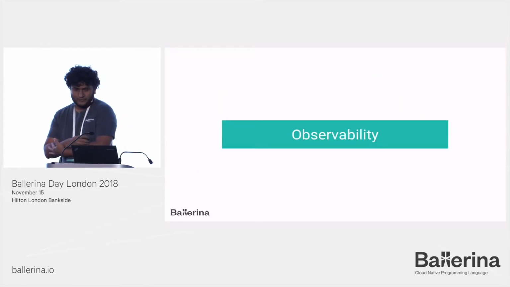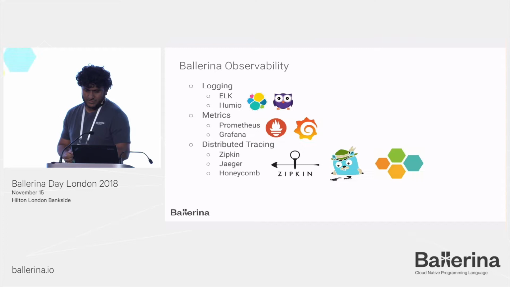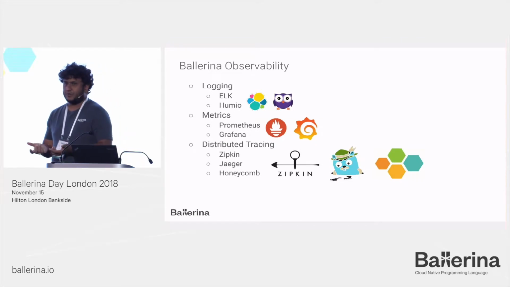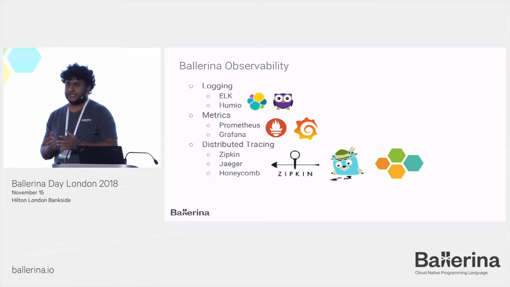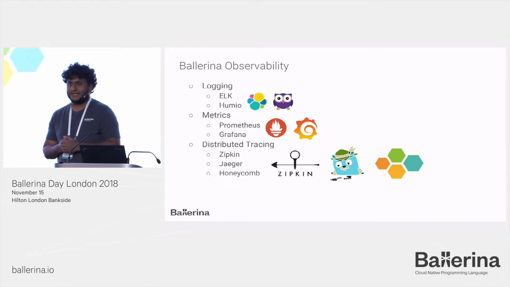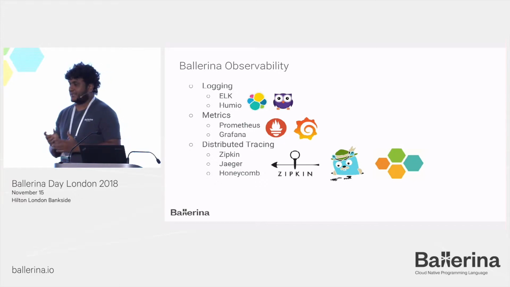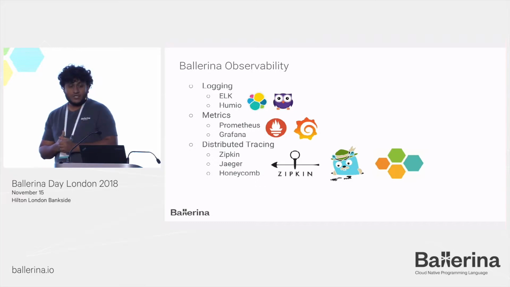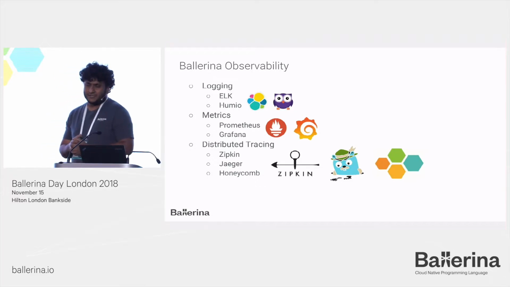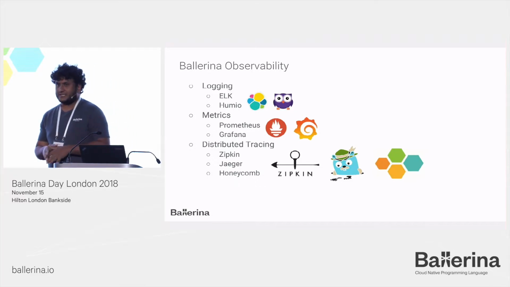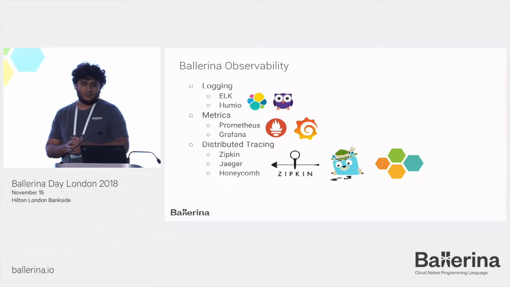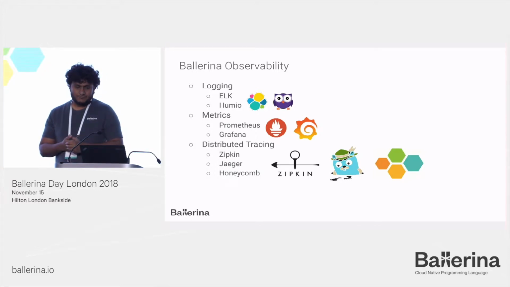And in the case of observability, this is also a very important section of the runtime, where it's critical to know what's happening in your services and programs and to have rich functionality around this area. So that's why we have a lot of built-in functionality in the language itself for observability features.